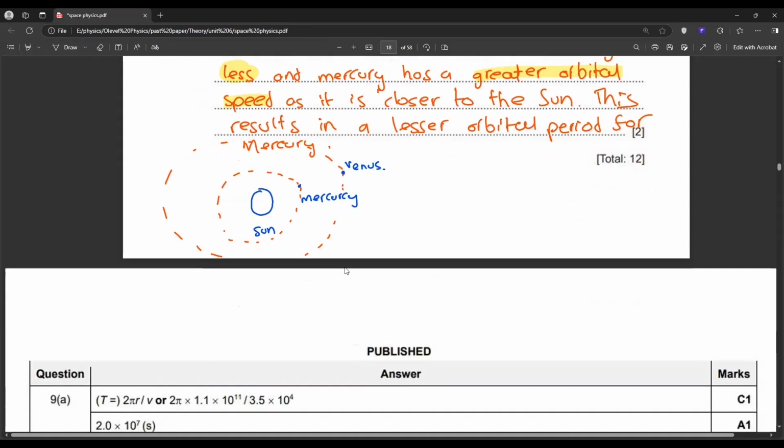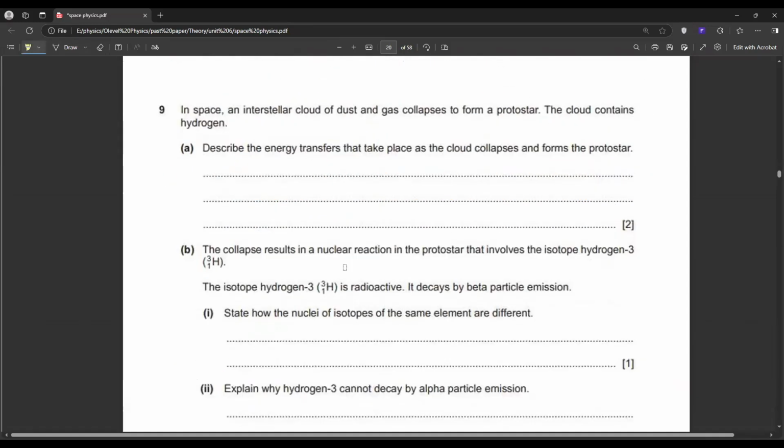Let's further move ahead. In space, an interstellar cloud of dust and gas collapses to form a protostar. The cloud contains hydrogen. Describe the energy transfer that takes place as the cloud collapses and forms a protostar.